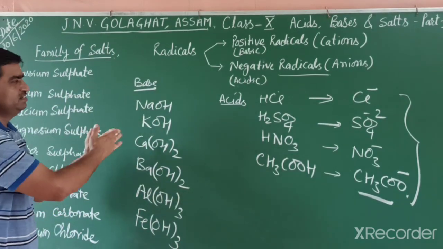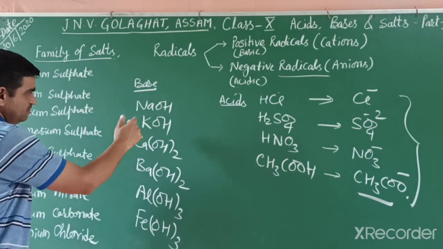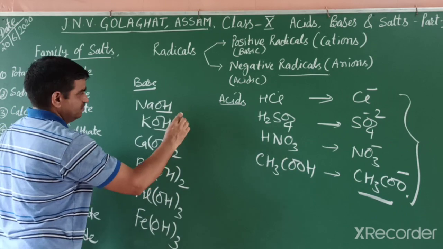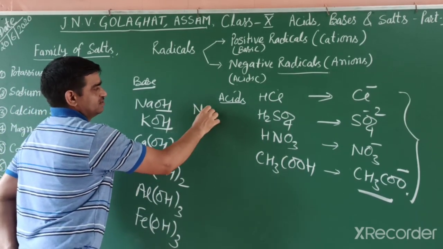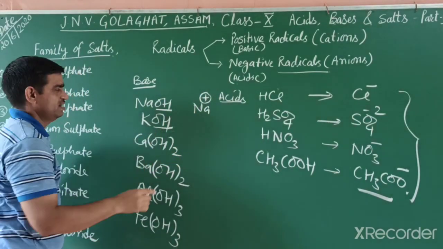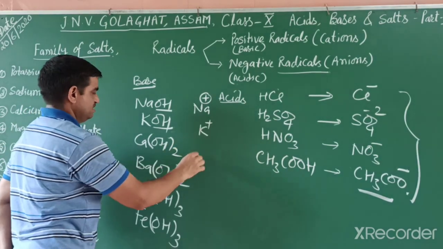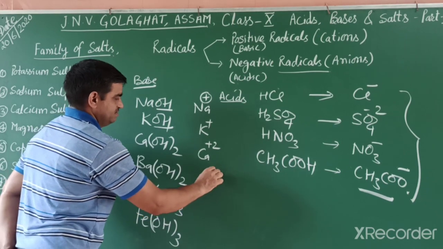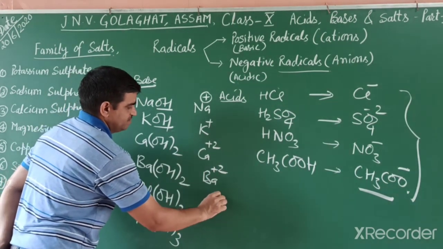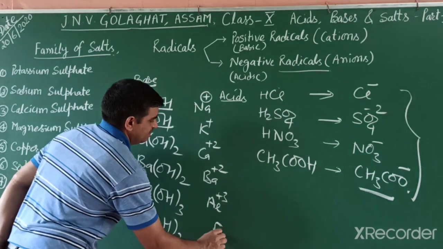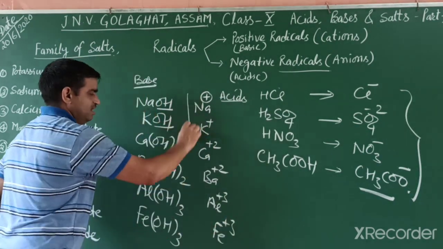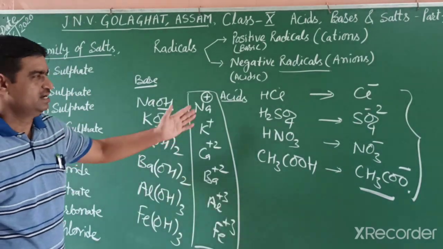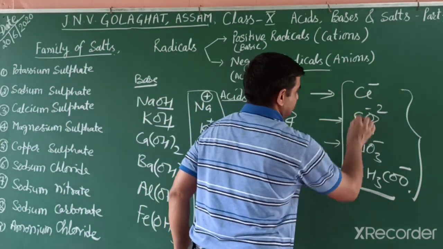And what happens when they are dissolved in water? They provide cations. When we remove the hydroxide from these compounds, we get the sodium ion, potassium ion, calcium ion, barium ion, aluminium ion, and ferric ion. So these are basic radicals, all cations, and those are acidic radicals.